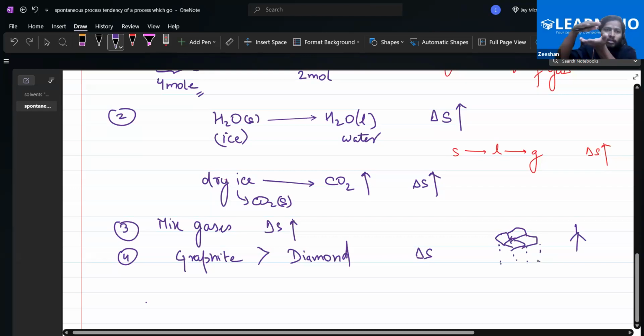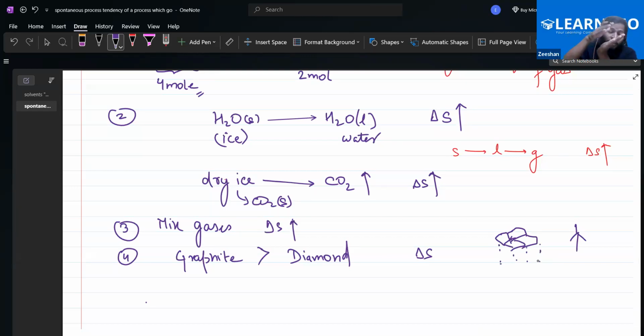The layers slide over each other. Here the carbon atoms of the diamond are bonded with each other. They cannot move. However, in graphite, they readily move. So the more the movement, the more the randomness, the more the entropy.